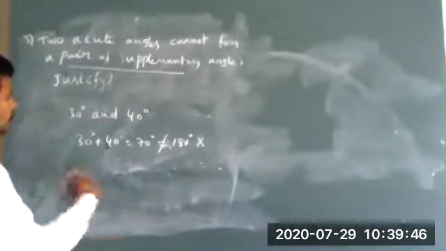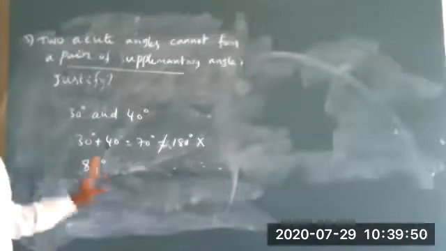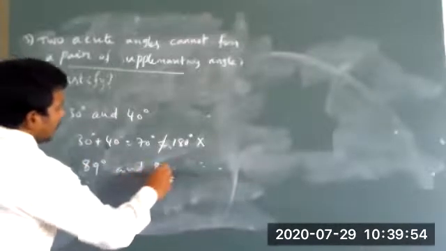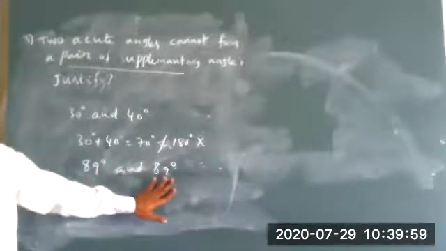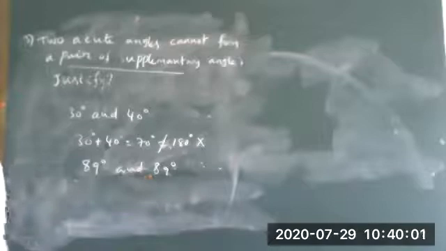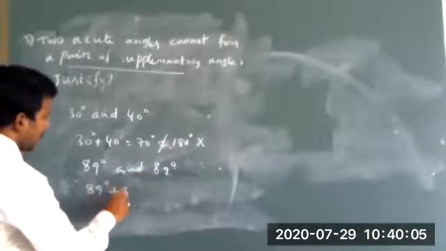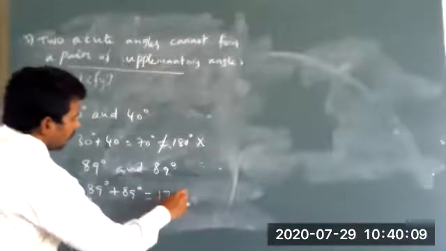Now one more example of two acute angles. For example, 89 degrees is an acute angle, and another 89 degrees. Both are acute angles. Add these two angles, 89 degrees plus 89 degrees. Total how much, children? 178 degrees.